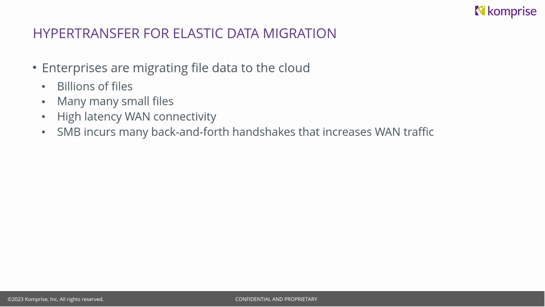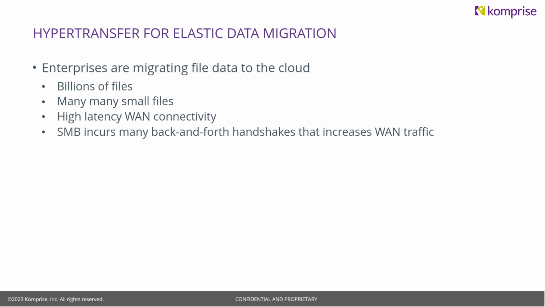What they're finding is, of course, it's different than migrating between storage on premises. On-prem, everything's connected by the LAN. It hides a lot of the issues because everything's very fast. When you're migrating across a WAN, if you've got billions of files that you're trying to migrate, and many of them are small, you'll find there'll be performance issues. There's a high latency WAN connectivity, which exacerbates any performance issues and exacerbates the problems with small files.